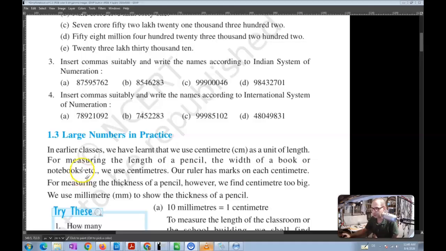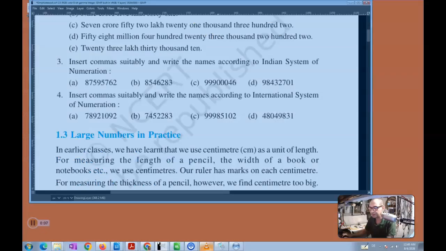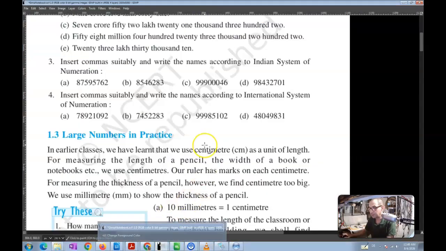Okay, so next we have questions number 3 and 4. So let's take a look at them as well. We want to insert commas and write the names according to the Indian system of numeration. So over here I have 3 digits all the way up to here, and then 2 digits, 2 digits, and 1 digit, right?